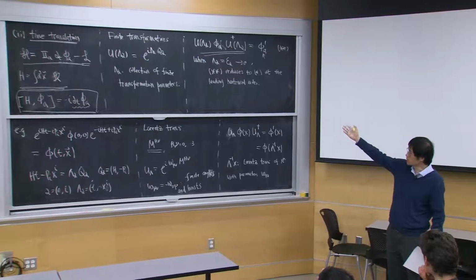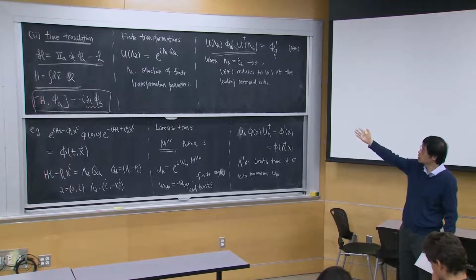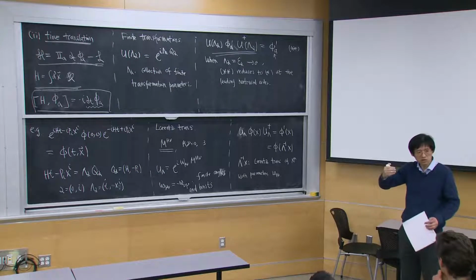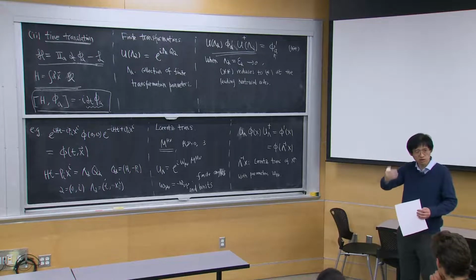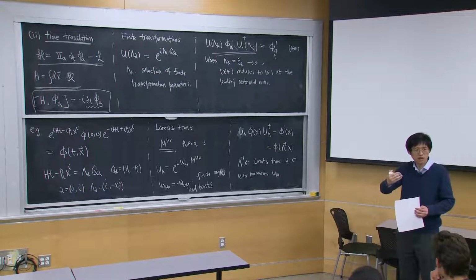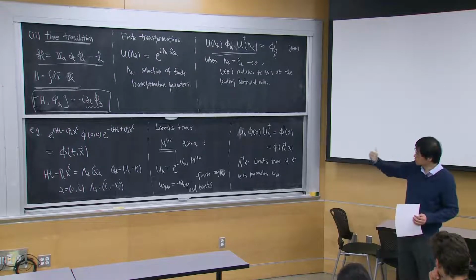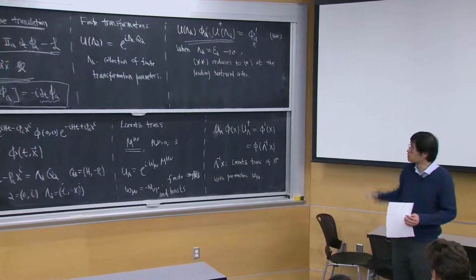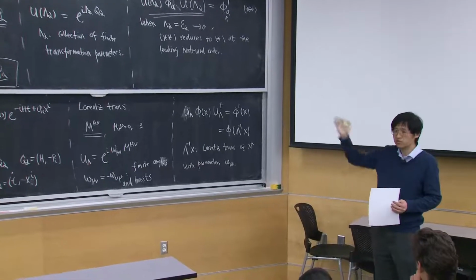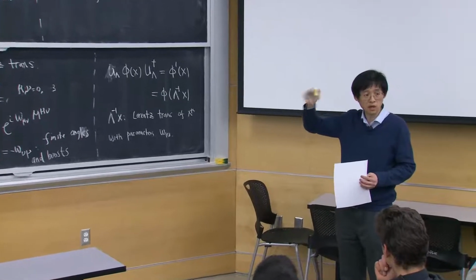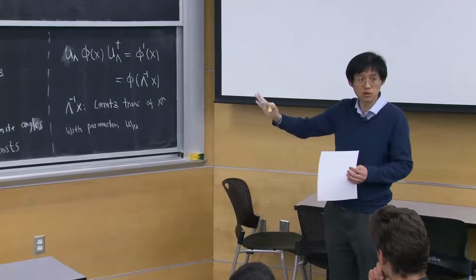I didn't go into that, but essentially this is how you build the Lie algebra, because the finite transformation is also built up by infinitesimal transformations. So there is a series of Lie groups and Lie algebra behind this. Some of you may already have seen a little bit of this when you talk about angular momentum in quantum mechanics. It's exactly the same story there.